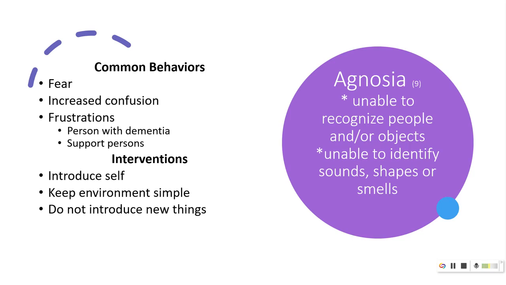Now they have dementia units or Alzheimer's units where all that sound is eliminated. So there isn't the overhead paging, there isn't the telephone ringing, and things like that. So kind of get rid of all of that extra noise. If we're caring for somebody and the TV is on and we want them to do specific tasks, we want to turn the TV off or the radio off.